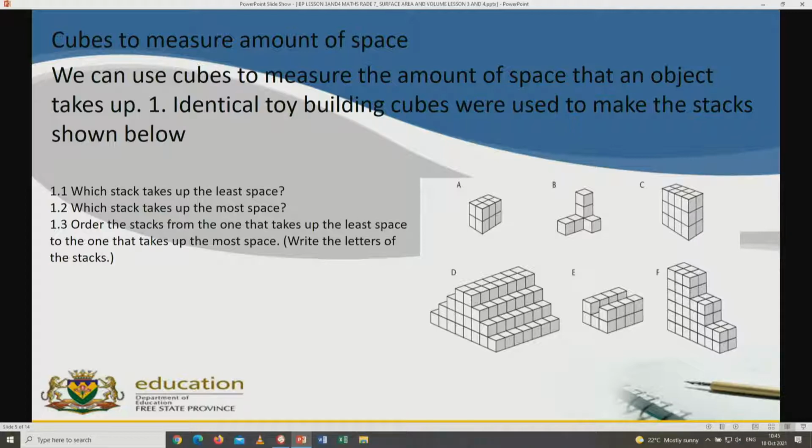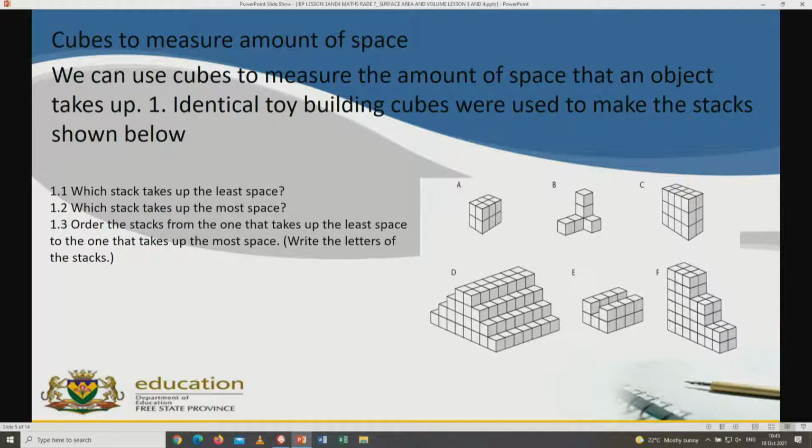Now, at times you can have the number of cubes that are used to make a what? A stack.